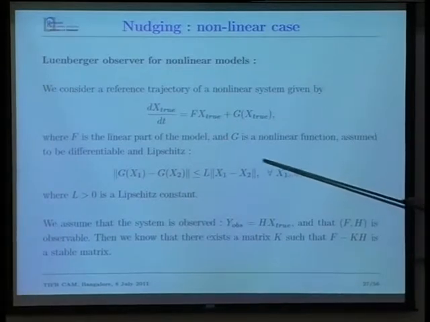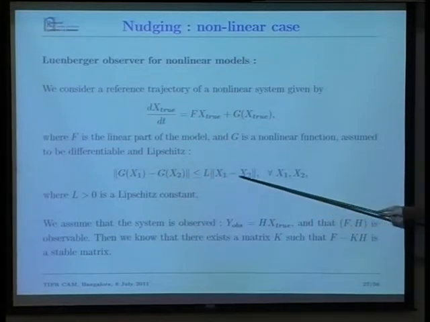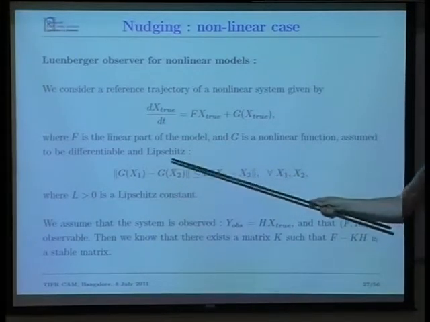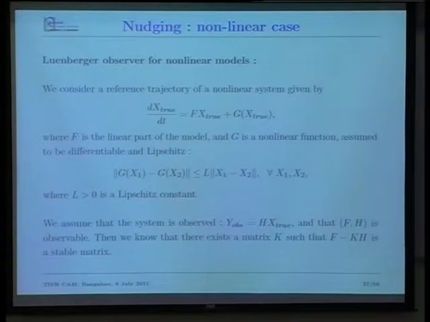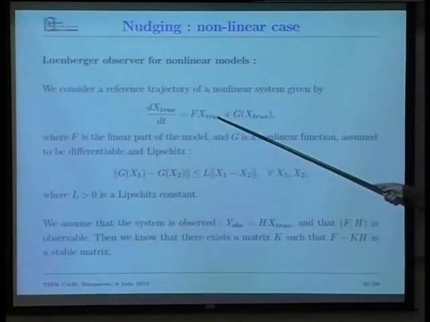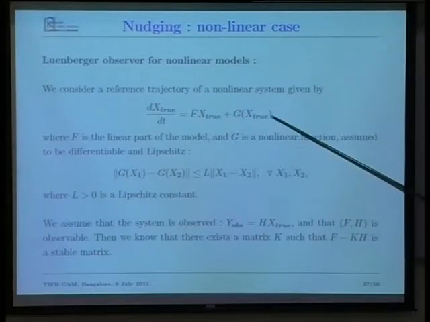And the idea is that the variation of G is not very large because you can control it with L, and probably if you know how to stabilize F minus KH, you know how to stabilize F minus KH plus L, let's say.